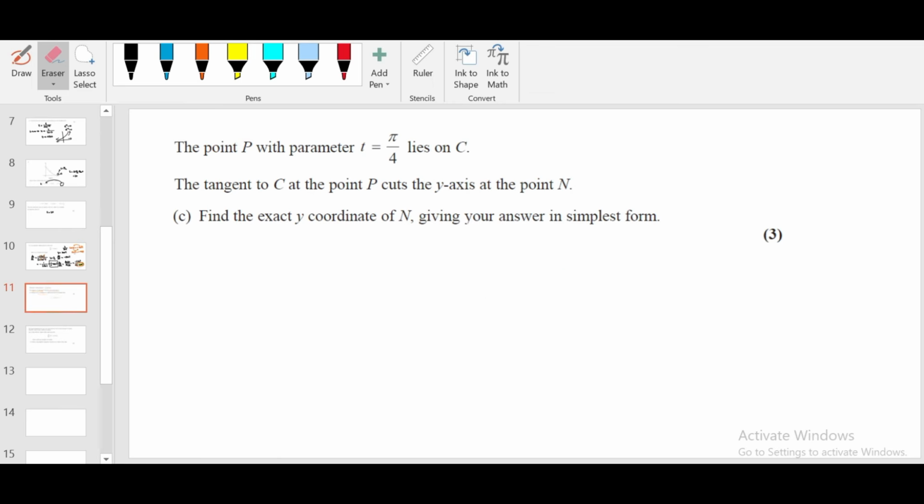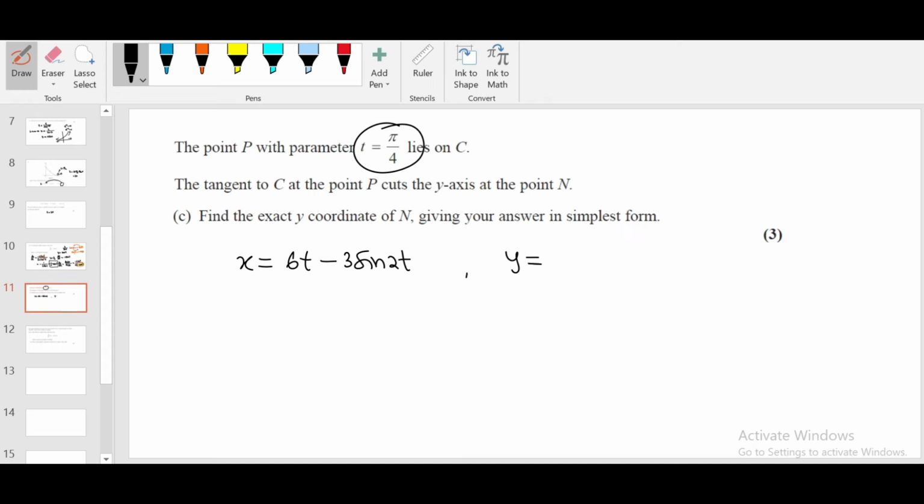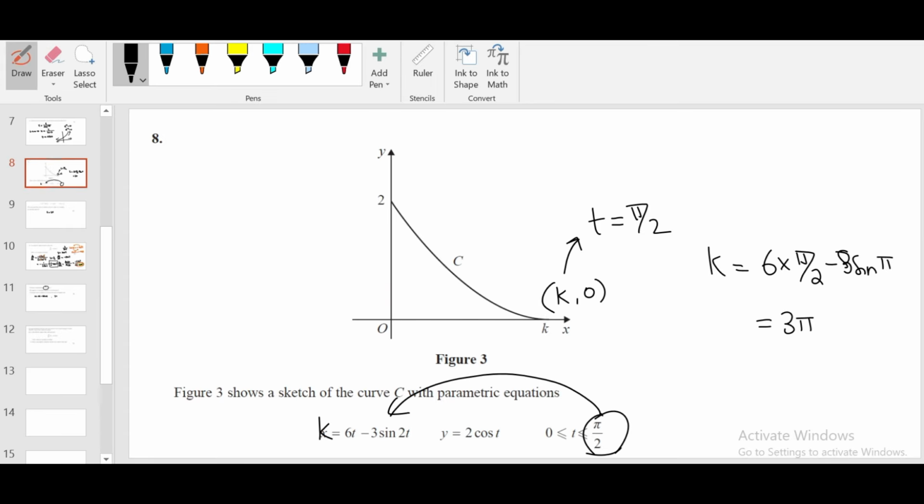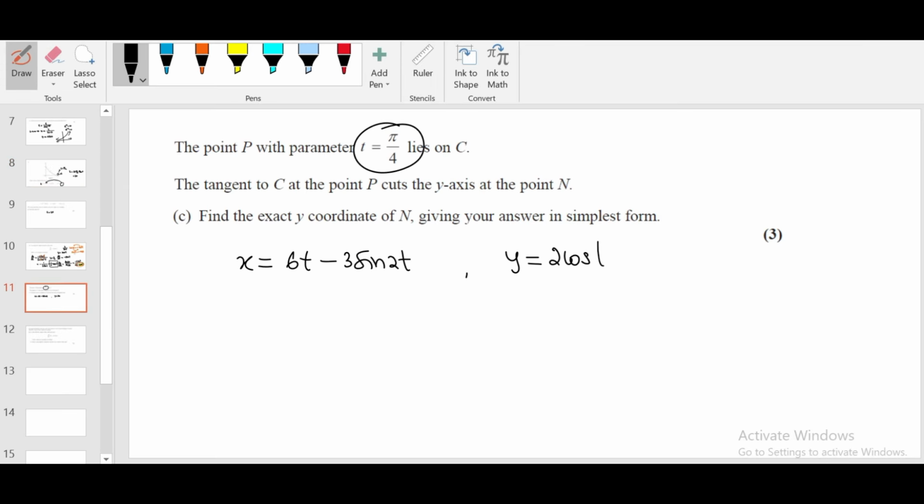So first, we need to find the point P using this. Substitute this into both x and y. We have x is equal to 6t minus 3 sine 2t, y is equal to 2 cos t. Replace t by pi over 4. You will get x is equal to 6 times pi over 4, which is 3 pi over 2, minus 3 sine of 2 times pi over 4, which is pi over 2. So sine pi over 2 is 1.